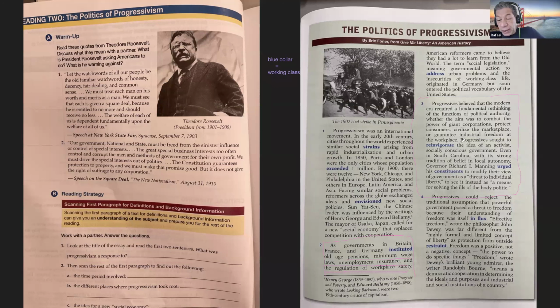Even in South Carolina, with its strong tradition of belief in local autonomy, Governor Richard Manning urged his constituents to modify their view of government as a threat to individual liberty, to see it instead as a means for solving the ills of the body politic.